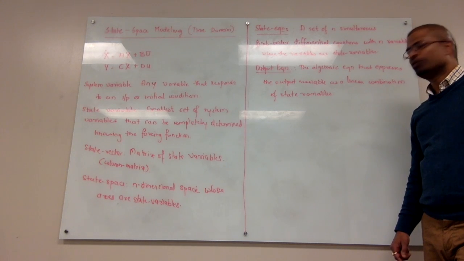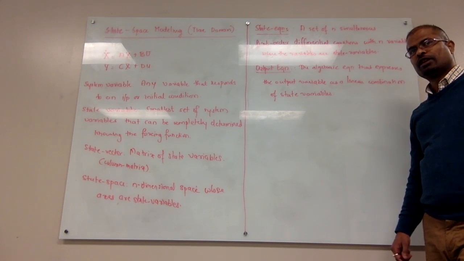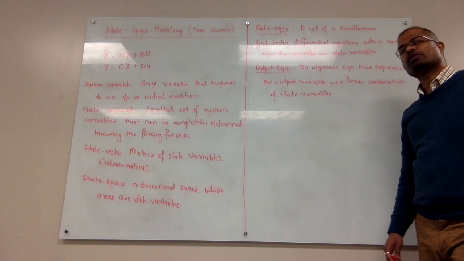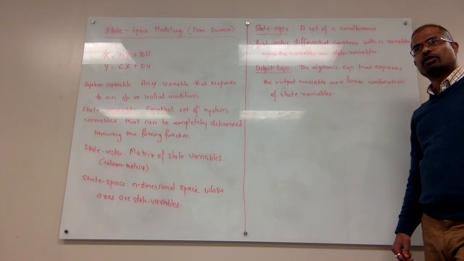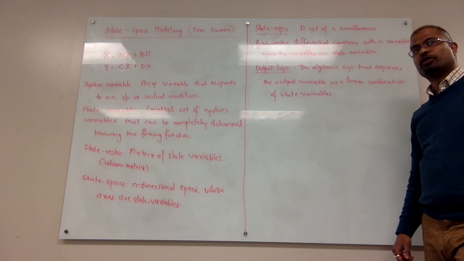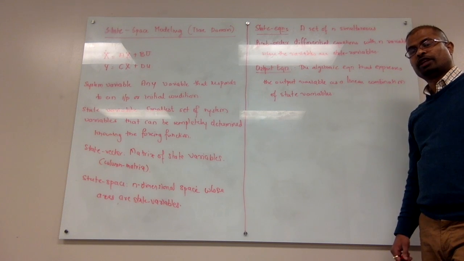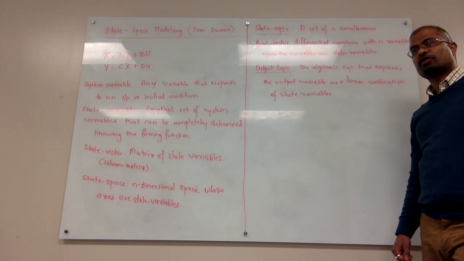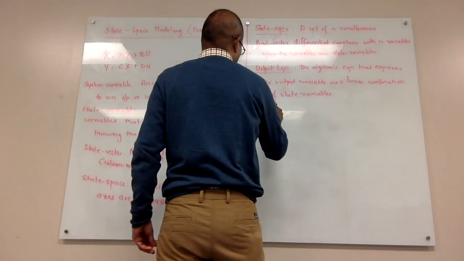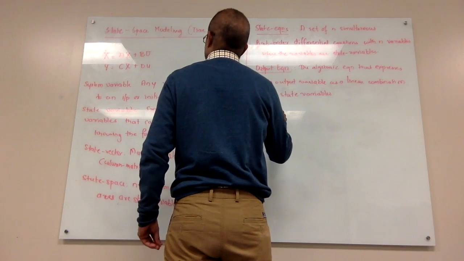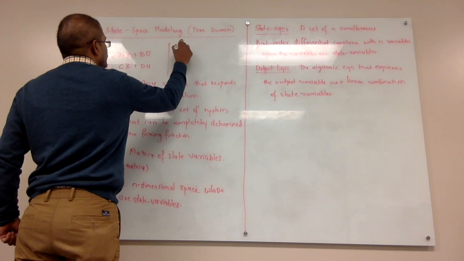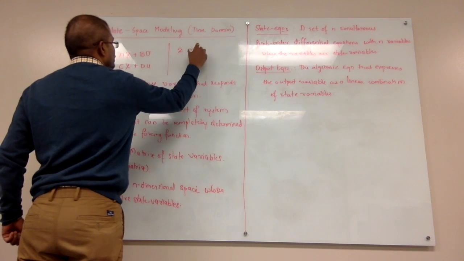If you have two variables x1 and x2, y equal to x1 times x2 is not a linear combination. When you multiply, it's not a linear combination. Here, our state variables are z, and we can say this is also equal to z dot.